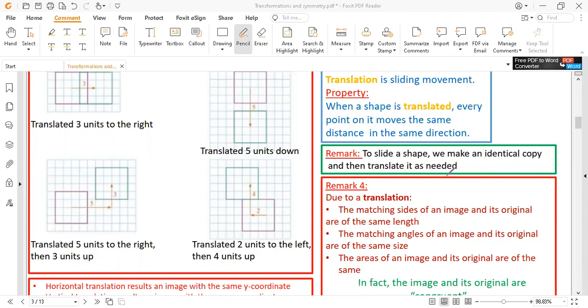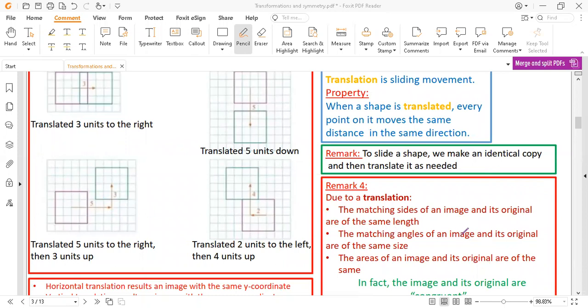As we said before, the image is an identical copy of the original shape, and we translate it as needed. Due to translation, the properties of translation are that the matching sides of an image and its original are the same length. Normally we have an identical copy with all the dimensions. All the sides of the image are of the same length as their corresponding sides in the original.